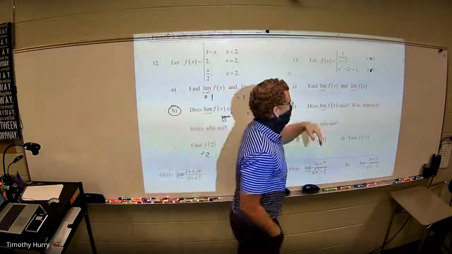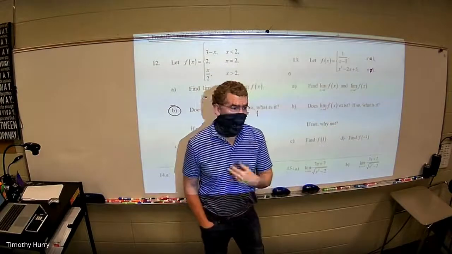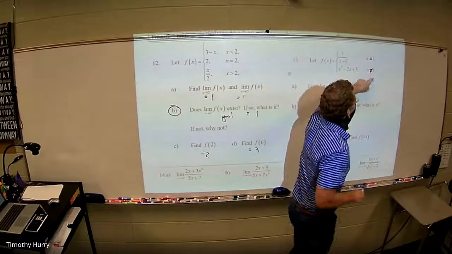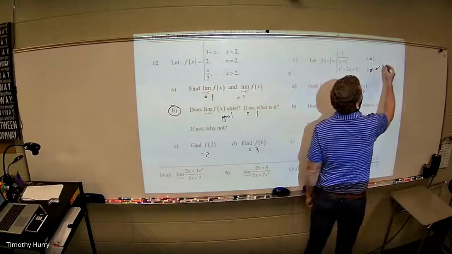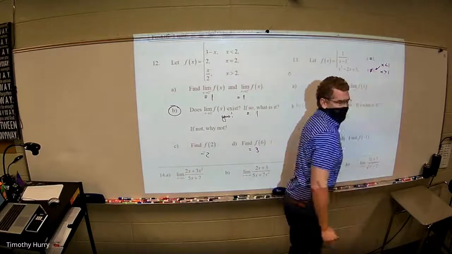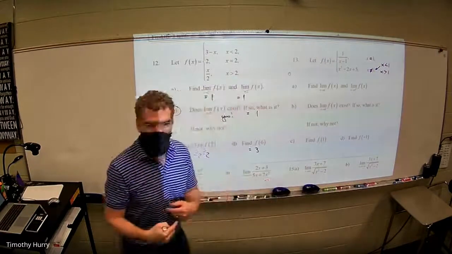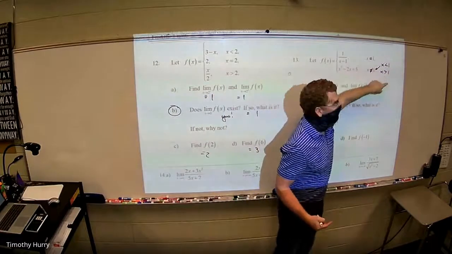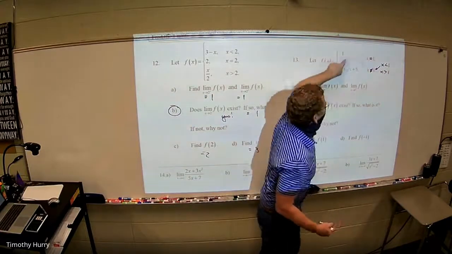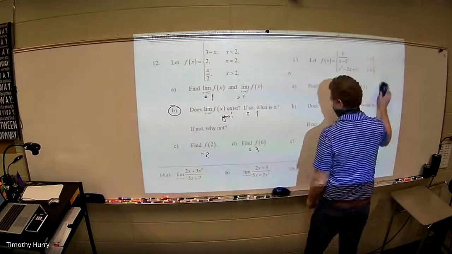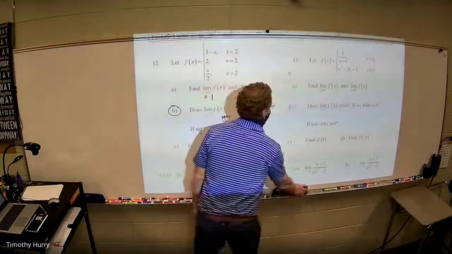I don't do that a lot with you guys in this course, but AP likes doing that on the AP test, on a limit. So if you see this, this is just the same thing as me saying x less than 1, x greater than 1. So it's like me giving you both inequalities. So this is basically saying that this graph is going to behave everywhere except here, at 1. But that's not this problem. I was just throwing that out there. So if you see it, you're not bothered by it.